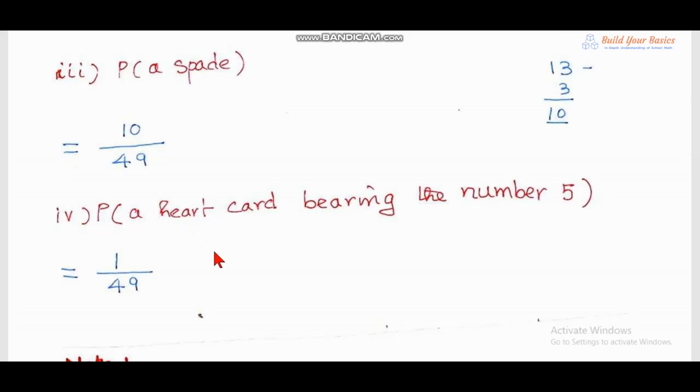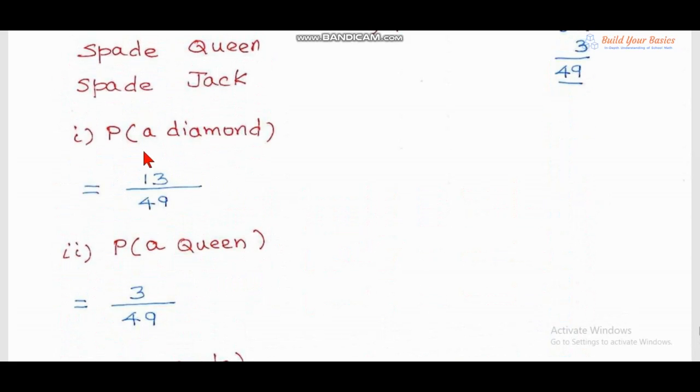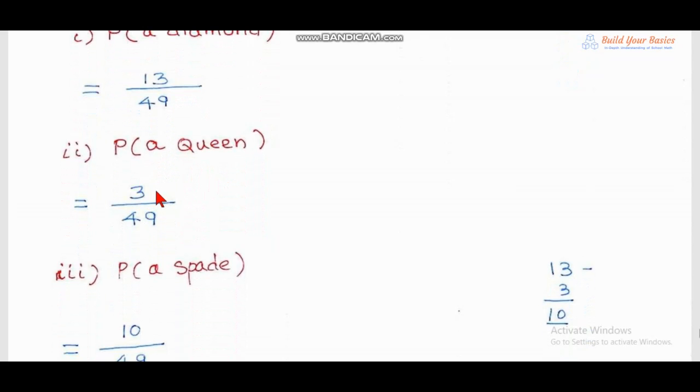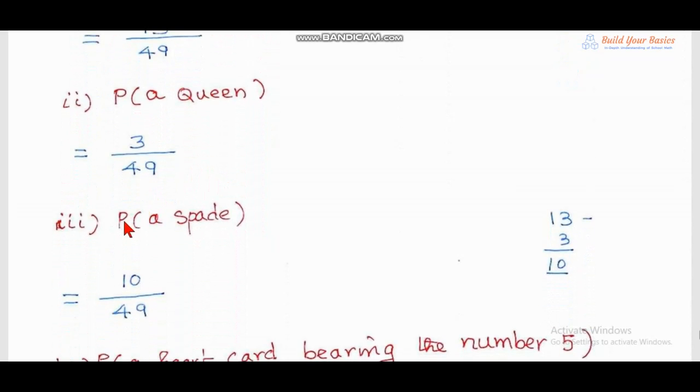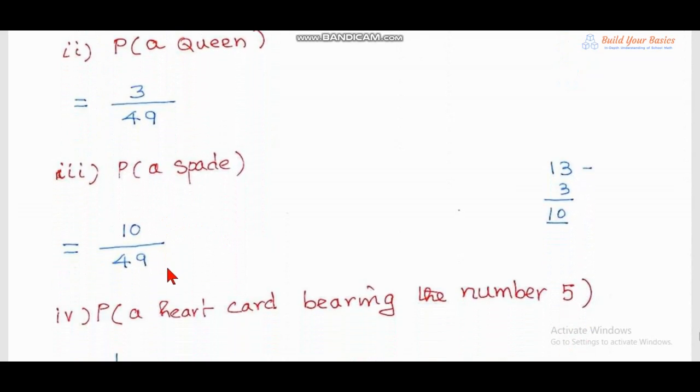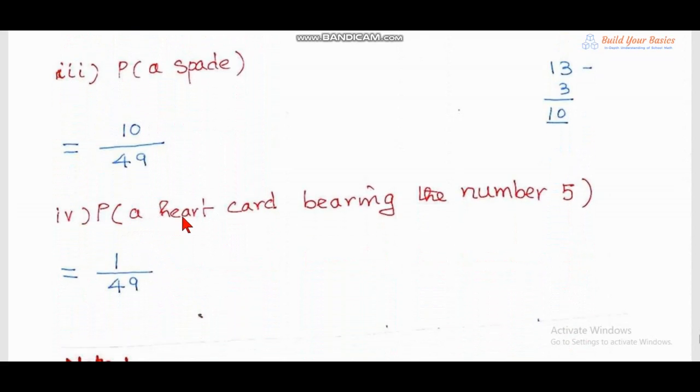All the 13 hearts are there, in which there is one card bearing the number 5. So 1 by 49. So the required probabilities are: diamond card 13 by 49, queen card 3 by 49, spade card 10 by 49, and heart card bearing the number 5 is 1 by 49.